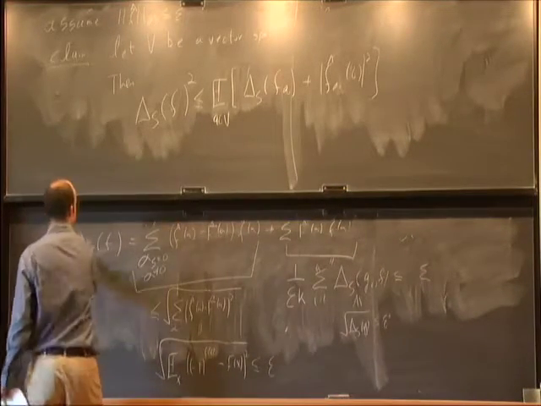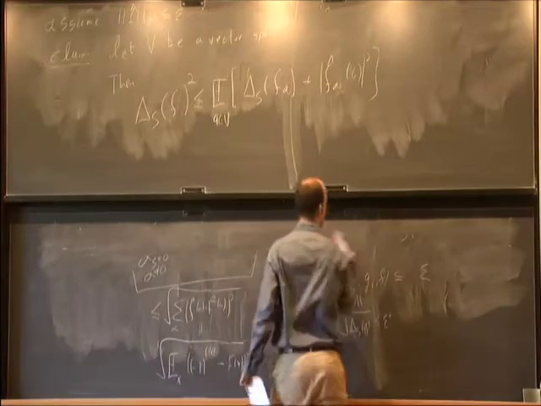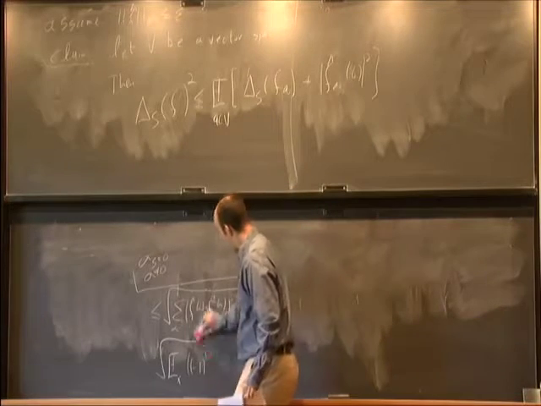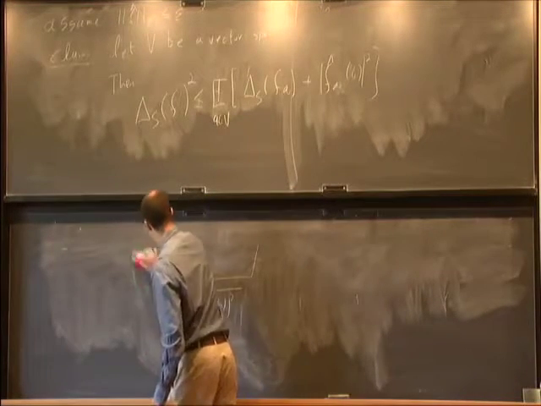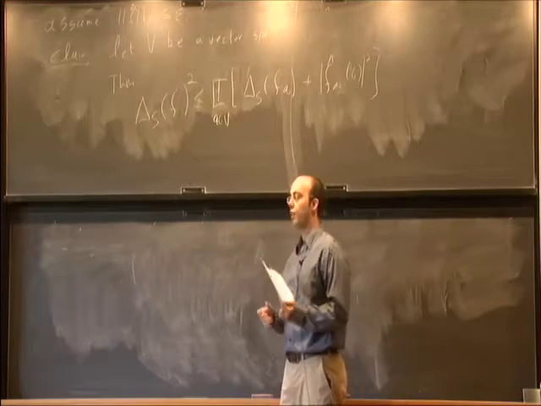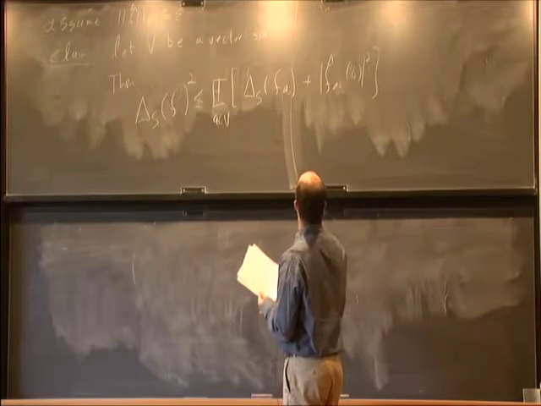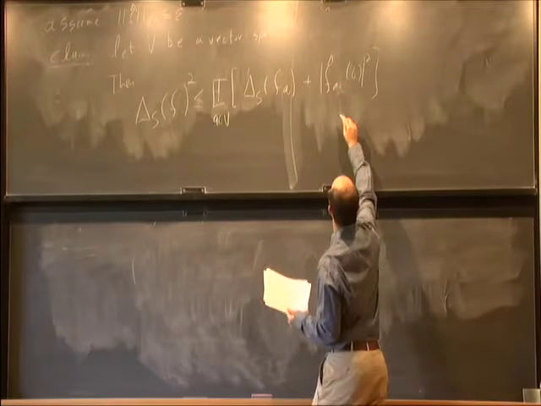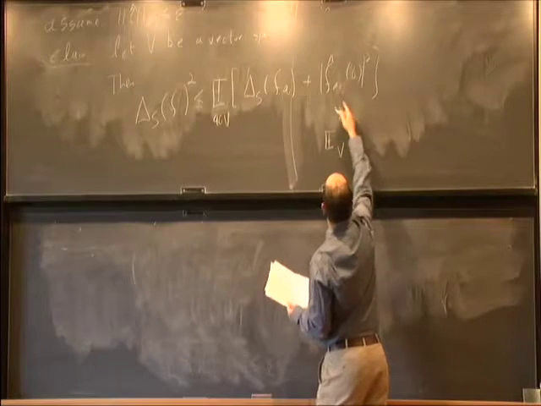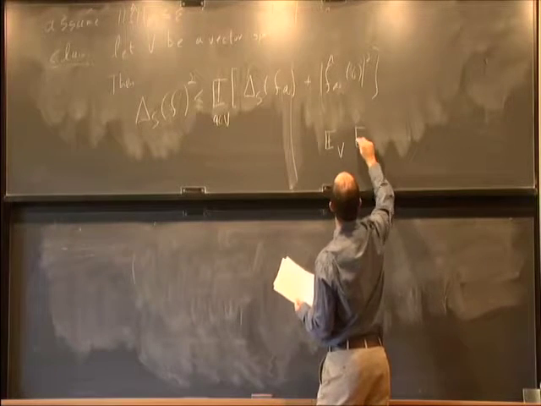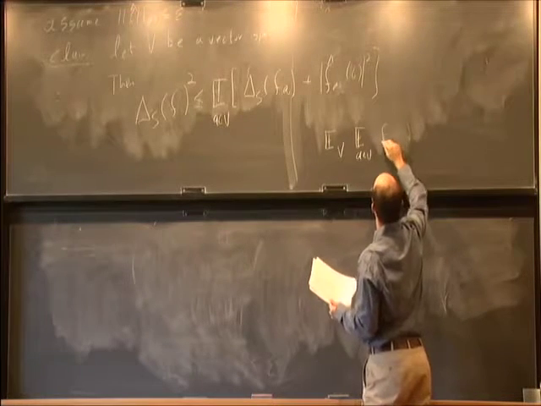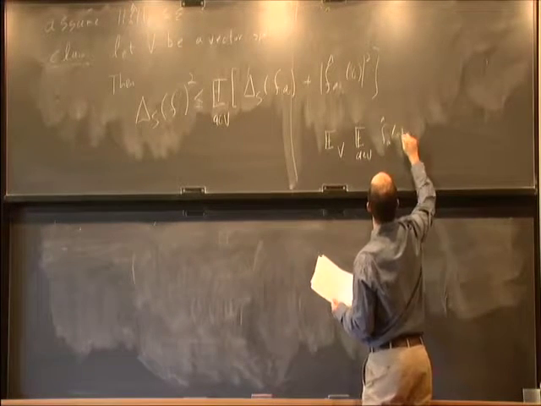So now I want to prove this claim. If you look at the average for a random V on that term, it's the average over random V of the average over a random A in V of f_A hat squared.